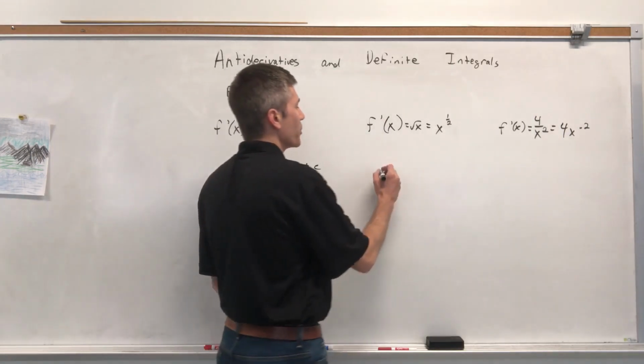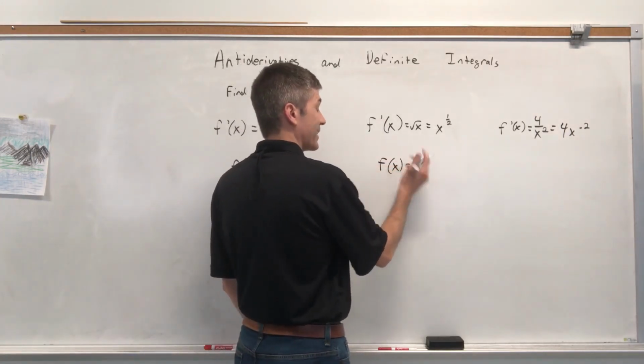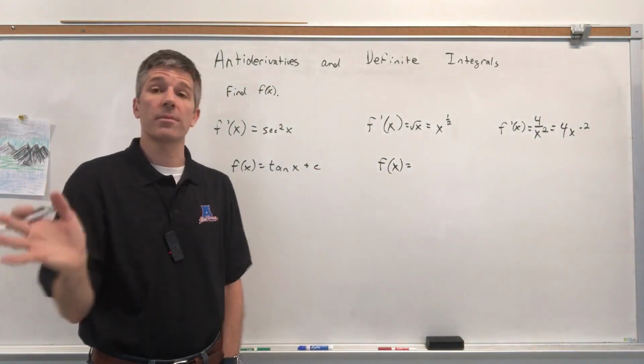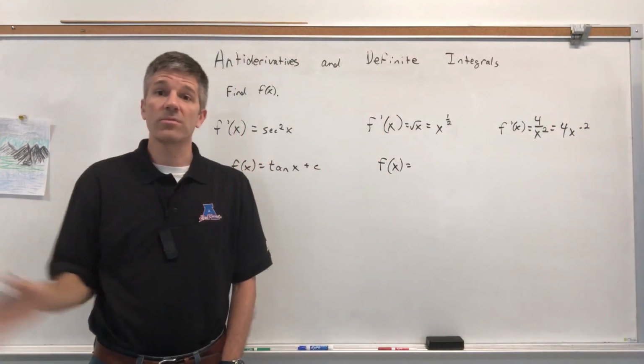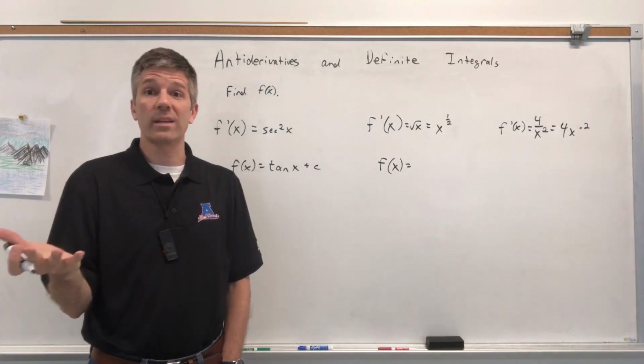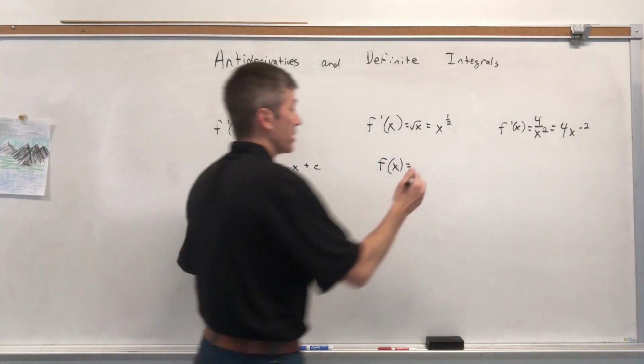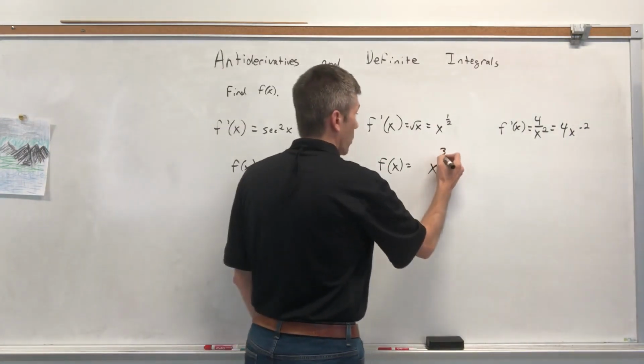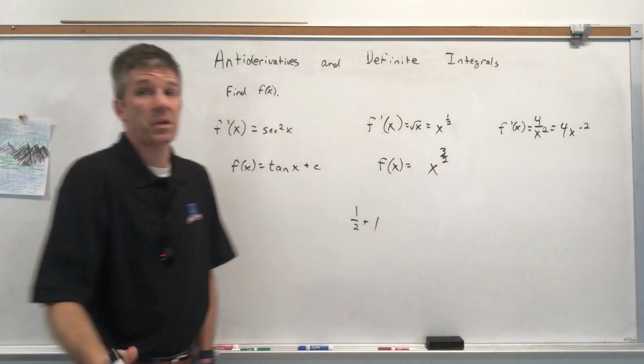Anyway, so we are going to find the antiderivative, and don't make it harder than it is. The same rules apply. Everything you've done up to this point, not the trig stuff, but everything you've done up to this point applies. Add 1 to the exponent. Okay, sounds good. What is 1/2 plus 1? That would be 1 1/2, 3/2, okay?